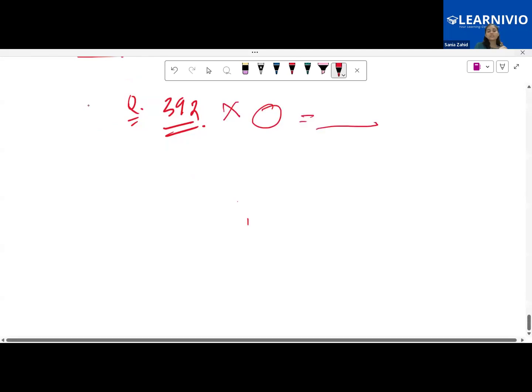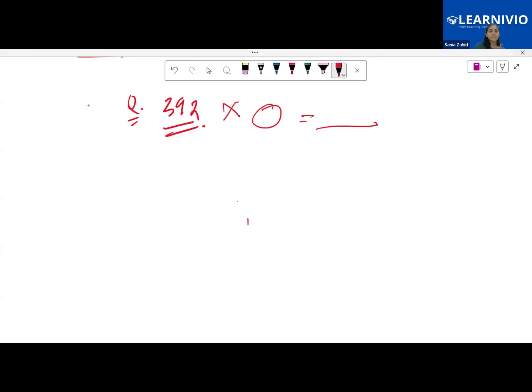For that, we have to do the division method. No, there is no division method for cubes. We will use the factorization method only. Just find the factors of the number and multiply with the factor which does not form a cube.